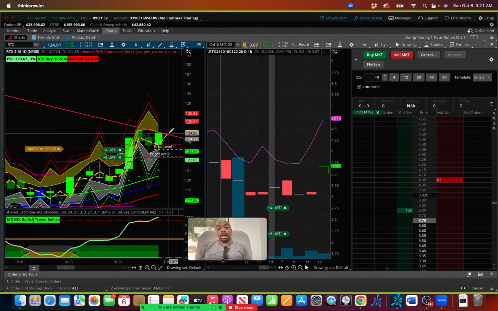It's a better trade and you're going to get more of the meat of the move if you grab it down here between these two price levels rather than waiting until it gets all the way up here. And this is the fundamental difference between a momentum trader versus an exhaustion trader.